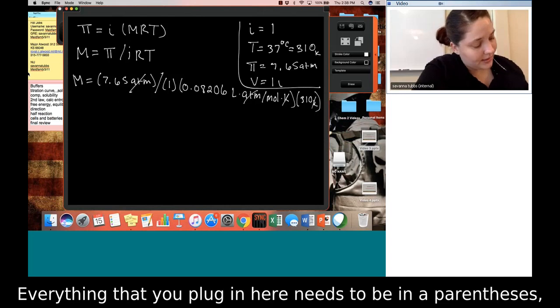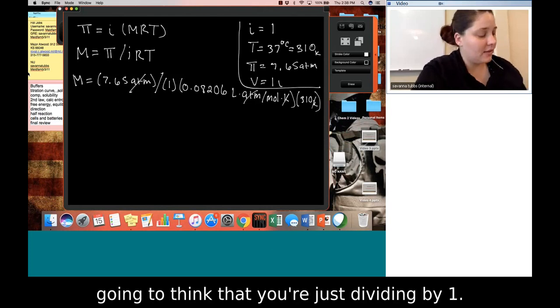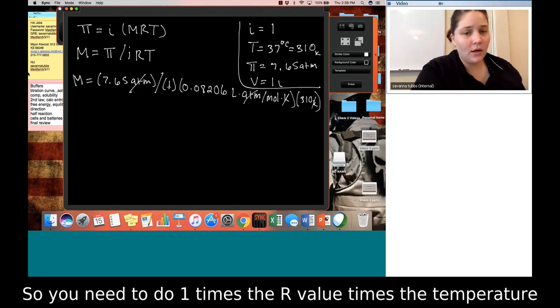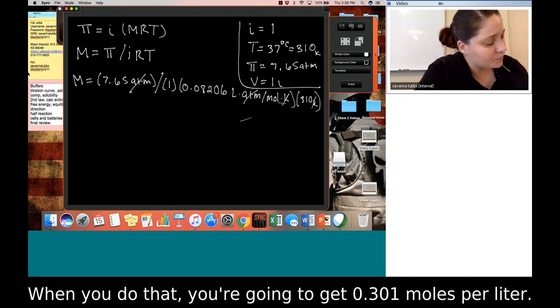Everything that you plug in here needs to be in parentheses, because if you just plug it in, it's going to think that you're just dividing by 1. So you need to do 1 times the R value times the temperature, and then do 7.65 divided by that answer. When you do that, you're going to get 0.301 moles per liter.